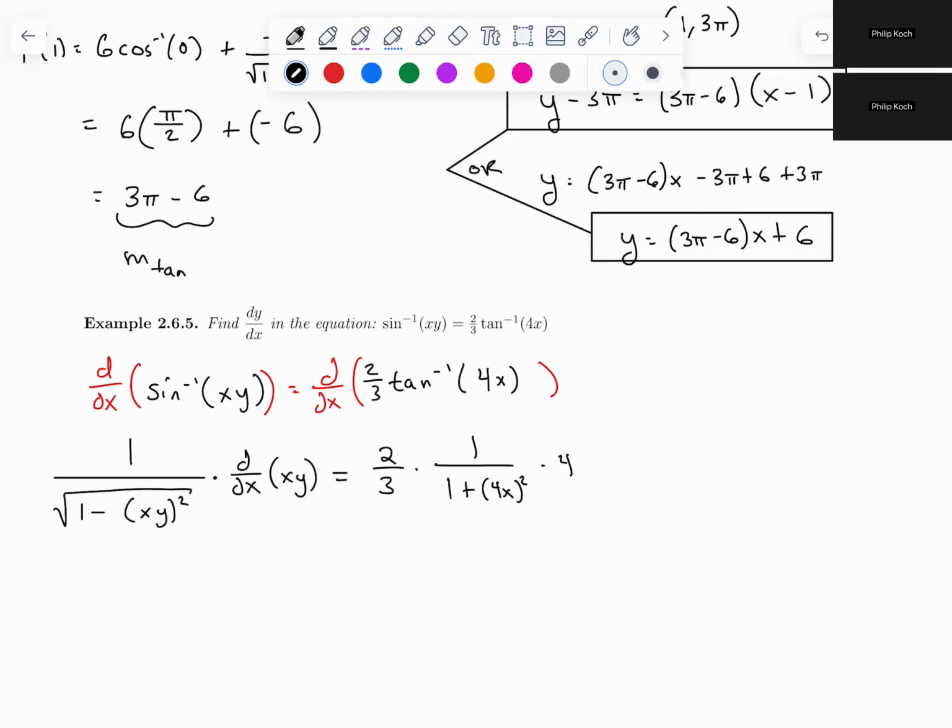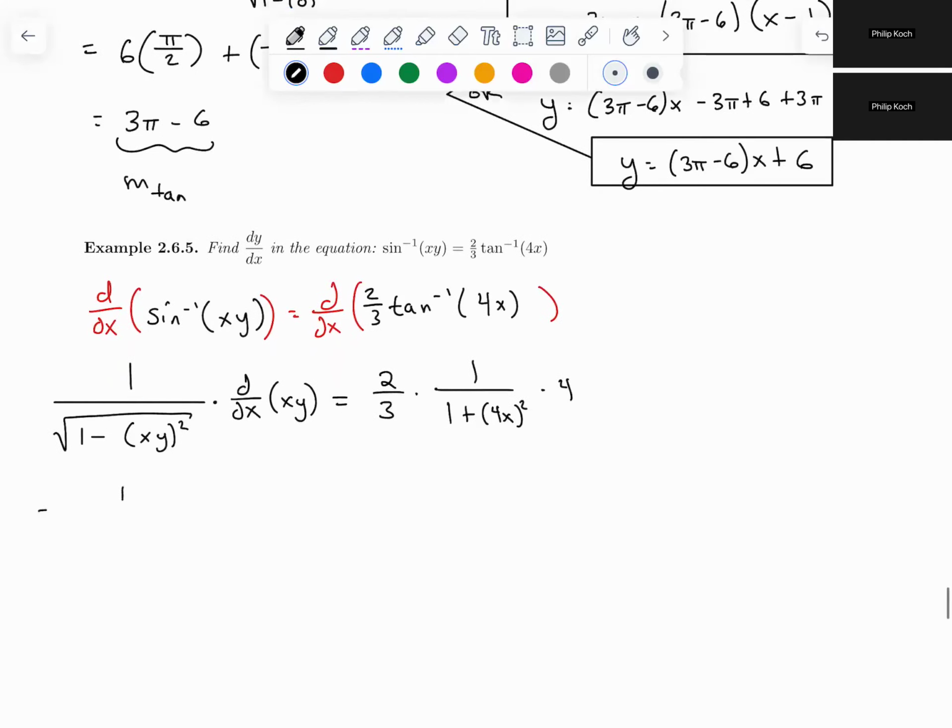And by the product rule, the left-hand side will therefore be 1 over the square root.